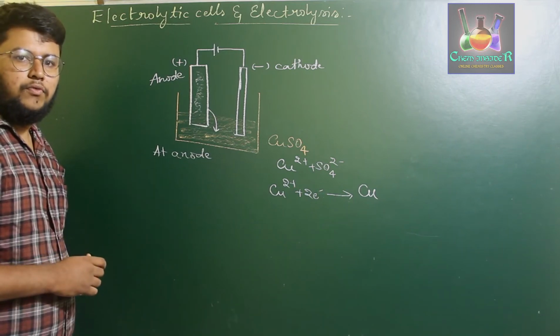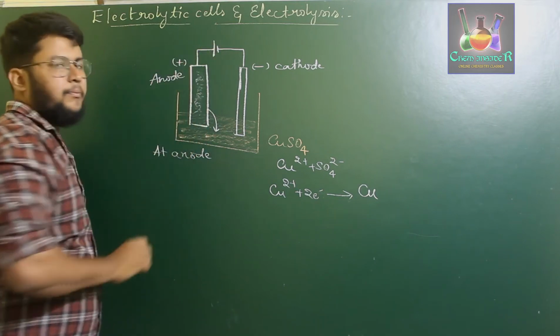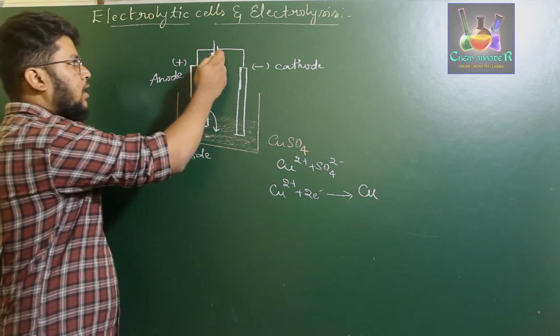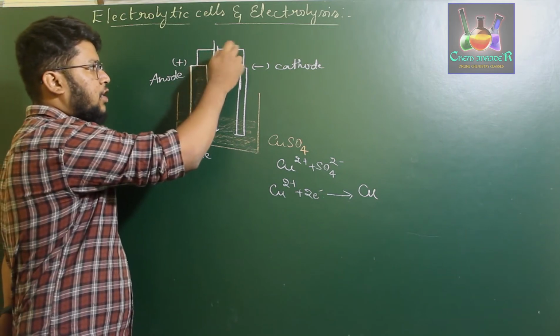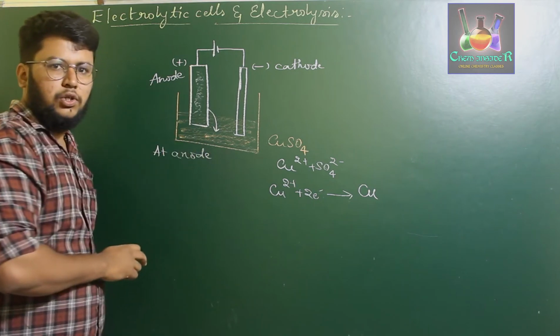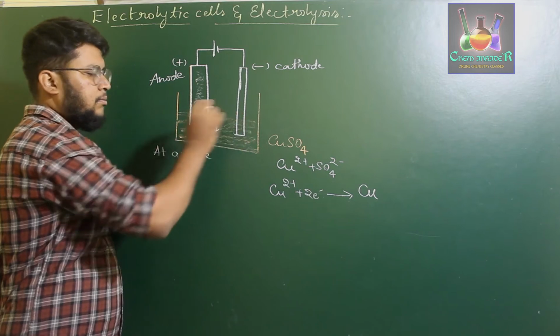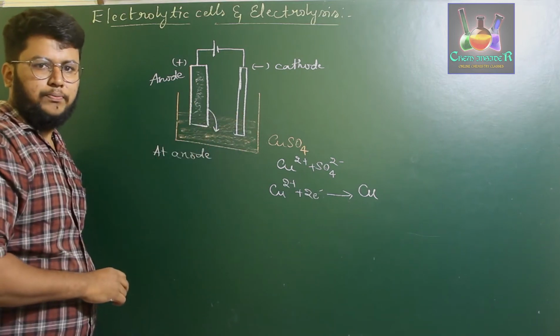So where did the electrons for that come from? That is coming from the negative end of the battery. The electrons move from the negative end to the cathode, where the Cu2+ ions present in the solution acquire those electrons and get deposited on the cathode electrode.